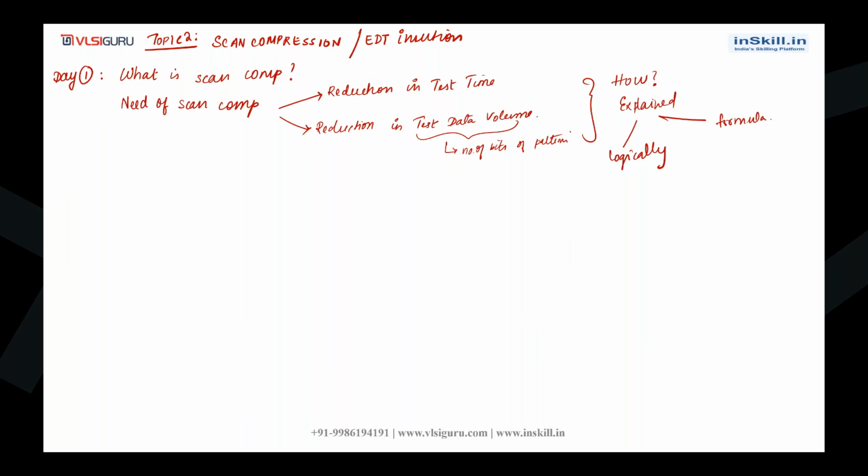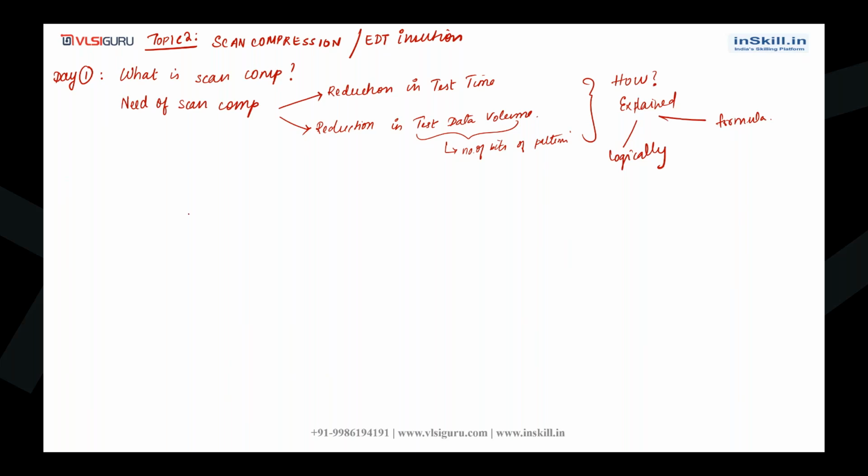We will substitute the values for the quantities present in those two formulas, and then we will do a comparison with compression and without compression. You will be able to see how with the help of compression you are able to achieve reduction in test time and reduction in test data volume.